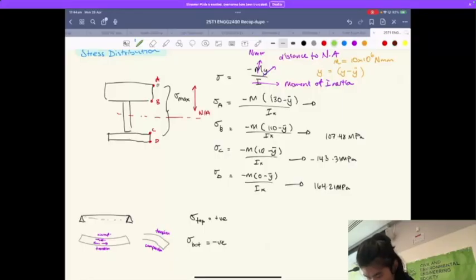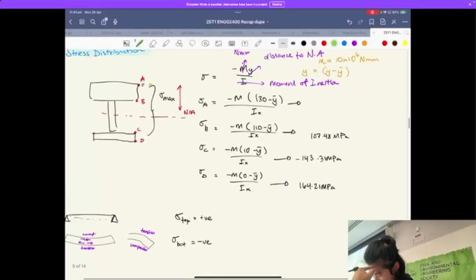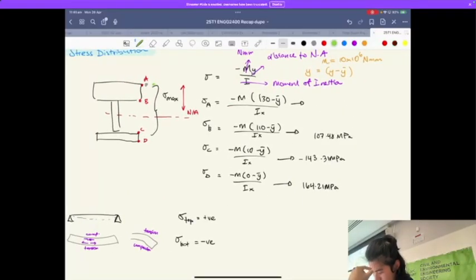So it would be minus something. If you draw the NA from the bottom. It's meant to be the distance to the neutral axis. So this point is at 0, and this is at 78, and then the distance is negative 78. Yeah.